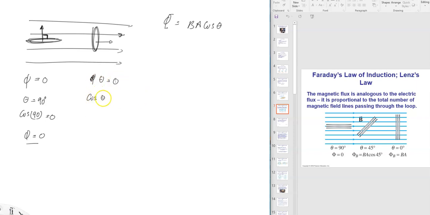Cos 0 is 1. So flux, BA cosine theta, is just B times A, which gives you the max flux. If it is at an angle like this, you measure whatever that angle is, take the cosine and solve for flux, right?